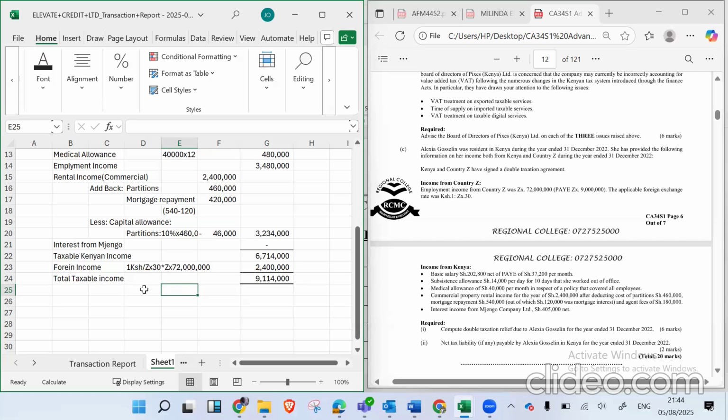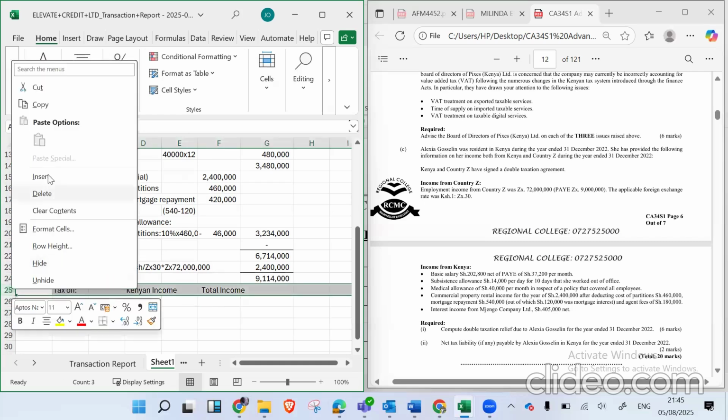We can have here as a Kenyan income, na huku tukuwe na total income. So we need tax on the total Kenyan income and the total income.